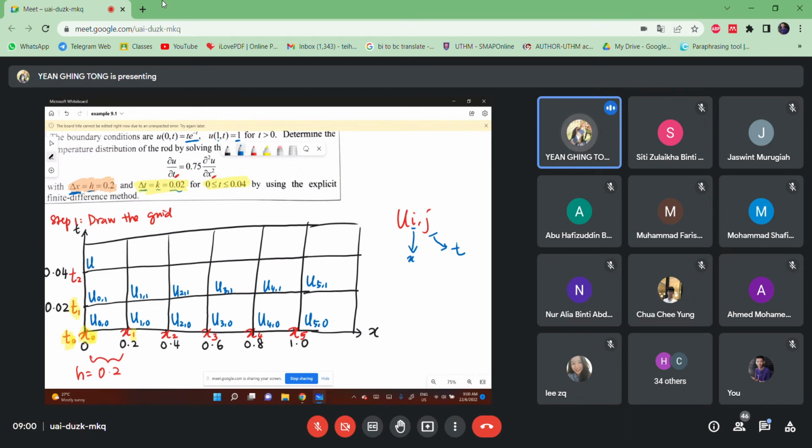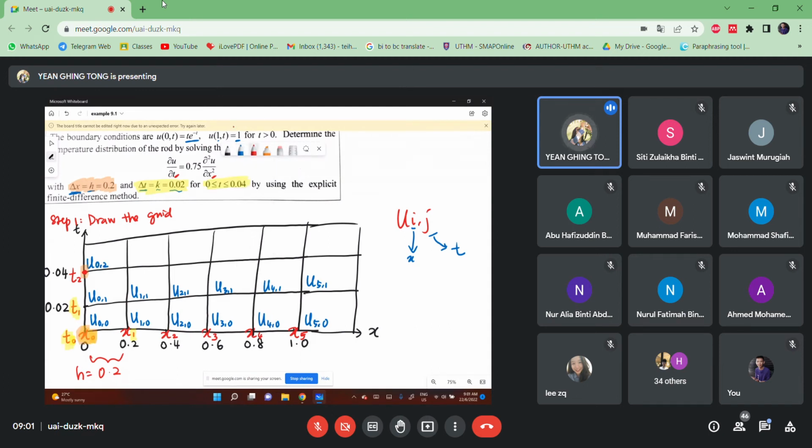Nurul Fatimah, now this one is U apa? Yes, Doctor. Tengok, dia kat ni point ni, this point. At this point, this is at apa? 02. 02, correct. Okay, U02. Boleh faham tak?